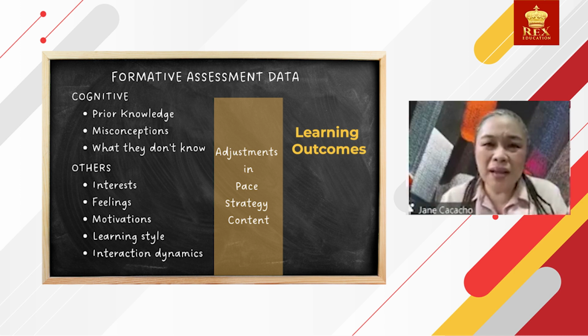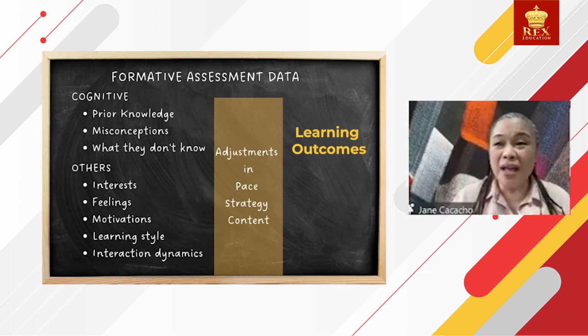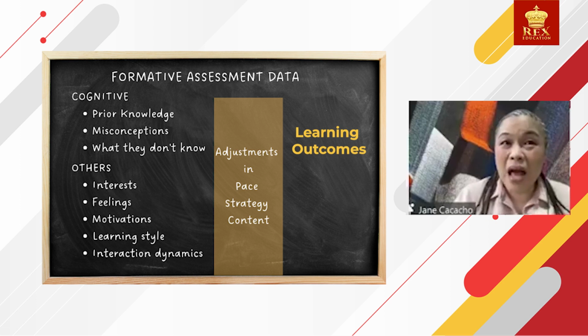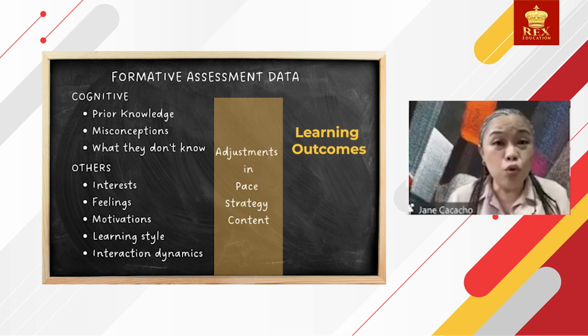We might decide that maybe I'm teaching at the right pace, but my strategy is not correct. The way I'm doing it does not fit how my students are learning. And so I will change my strategy. Or maybe the examples I'm giving are too difficult.